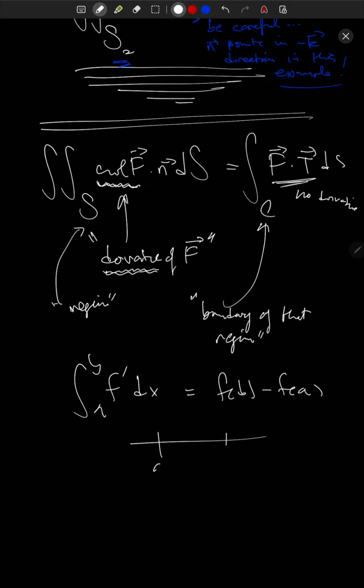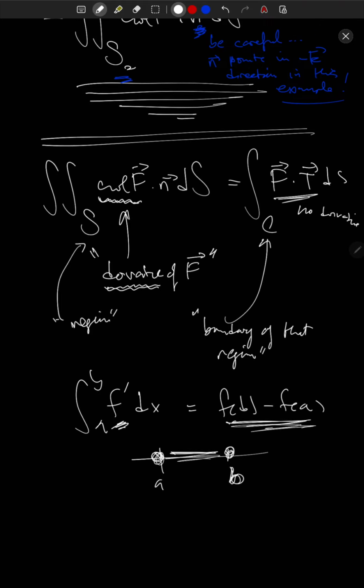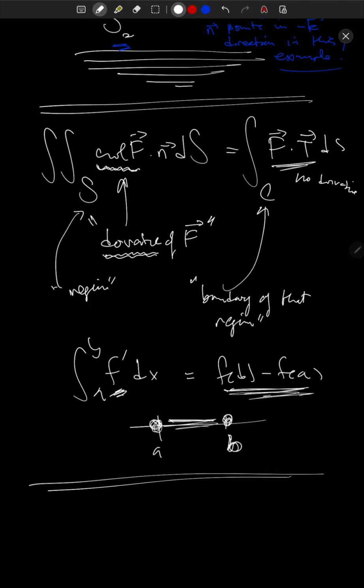Your picture here is a to b. Again, on the left-hand side, you're integrating over a region. On the right-hand side, you're only looking at the boundaries of the region. On the left-hand side, you have a derivative. On the right-hand side, you have no derivative. Okay, so that's Stokes' theorem.